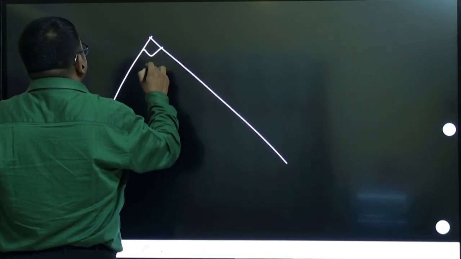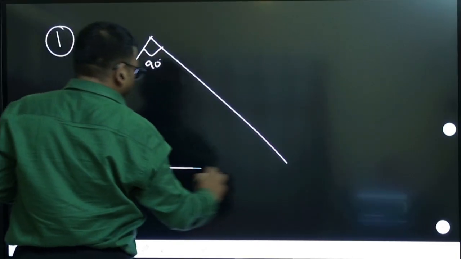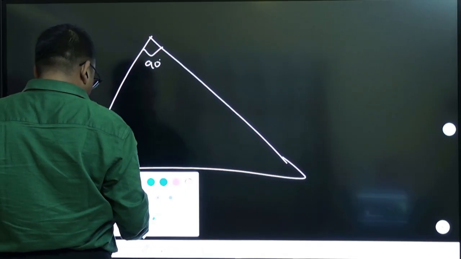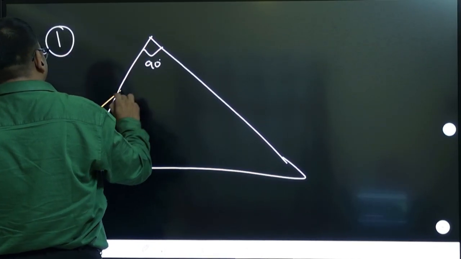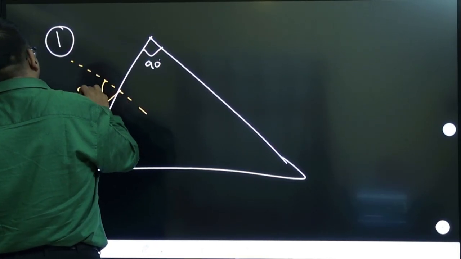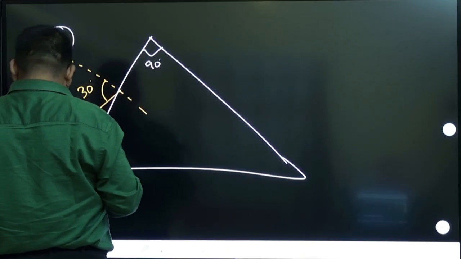Now, let us take this question. A ray of light enters through a right angle prism. Okay, this is a right angle prism. This angle is 90 degree. The angle of incidence is 30 degree. Here, this is the normal. This angle of incidence is 30 degree.